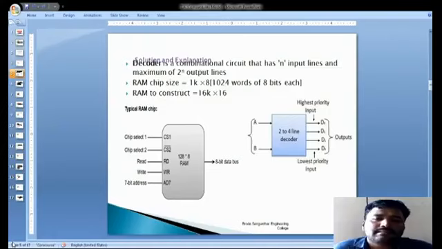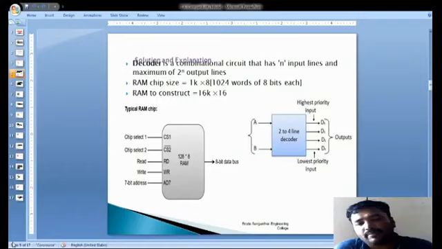So the RAM to construct is 16 by 16. A typical RAM will have chip select 1 and chip select 2 pins, read and write signal pins, and addresses starting from AD0 to AD7, so totally 0 to 7, 8 bits. The output will be an 8-bit data bus.